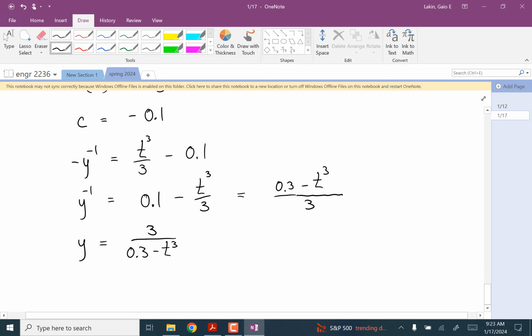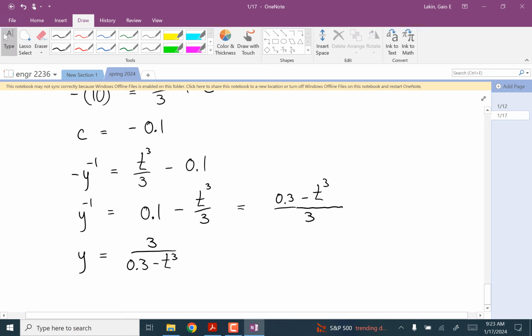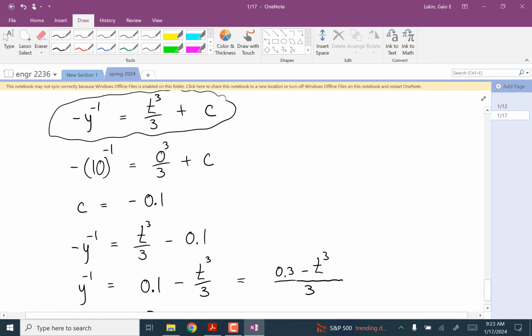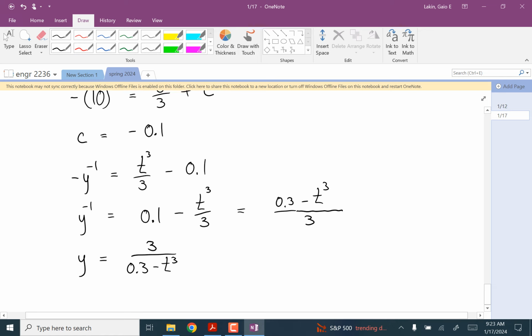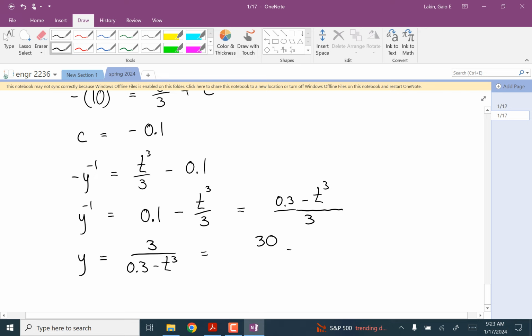And that's your function. Well, that's a pretty weird way to reduce that fraction. So let's call it 30 over 3 minus 10t cubed, but that's how to do it.